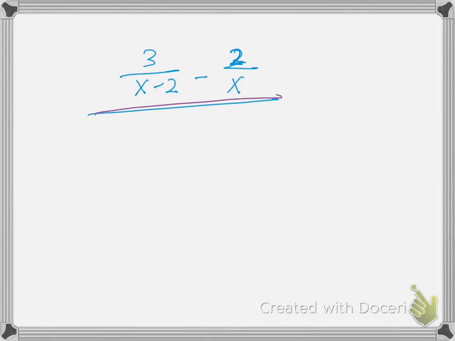So let's have 3 over (x minus 2), minus 2 over x, divided by another fraction on the bottom. The bigger fraction we use the purple color.